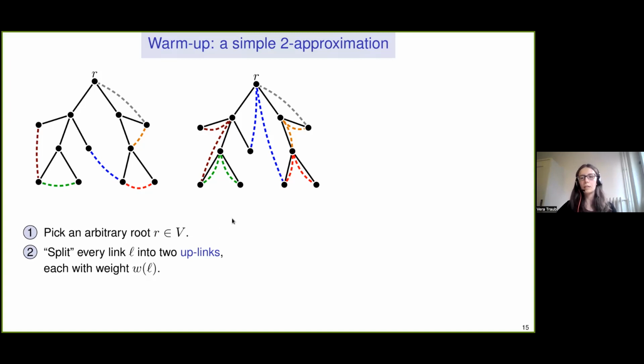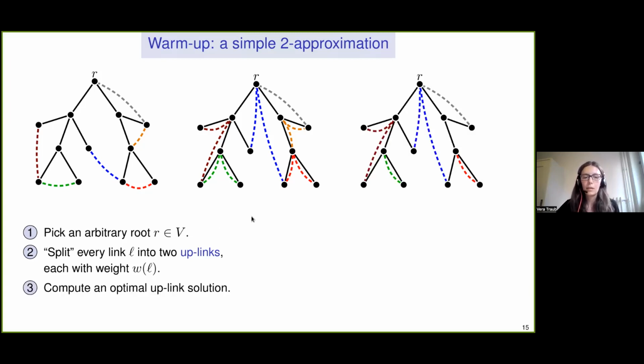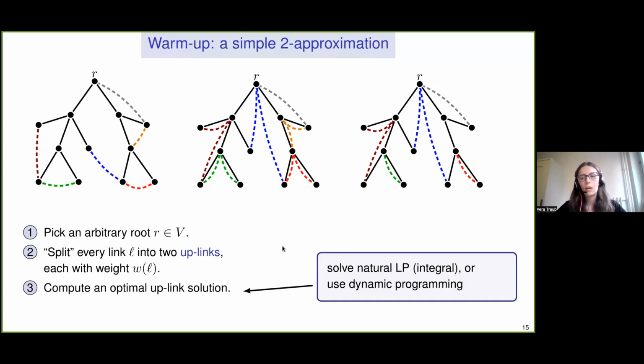Now, why have I done the splitting? The reason is that if my instance now has only uplinks, then, and the nice thing is that, in a weighted tree augmentation instance, if my instance contains only uplinks, then it actually becomes polynomial time solvable. So if I have an instance with only uplinks, I can solve it optimally in polynomial time. And there are a couple of different ways of doing this.